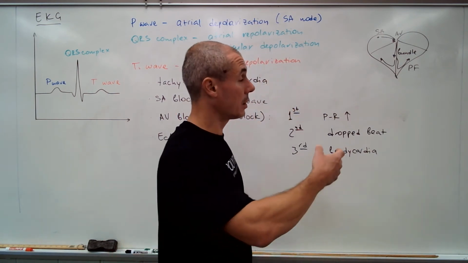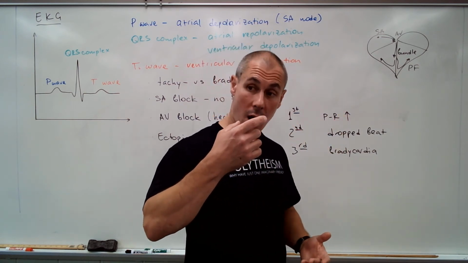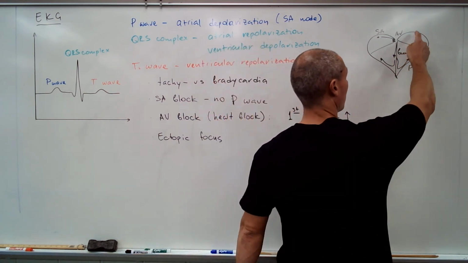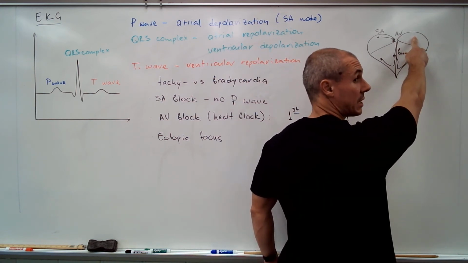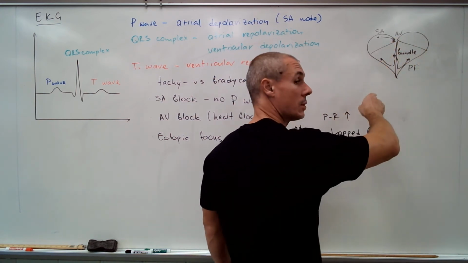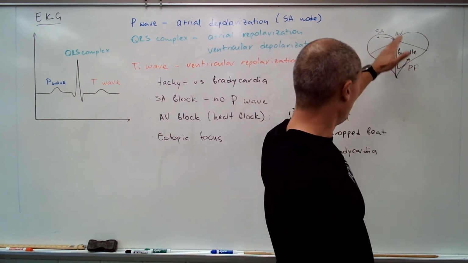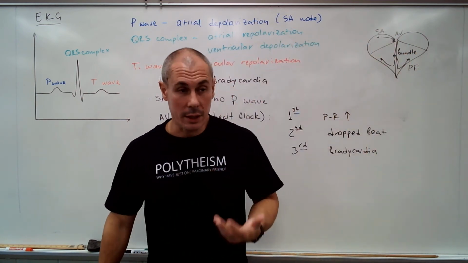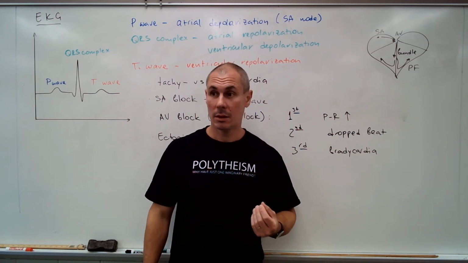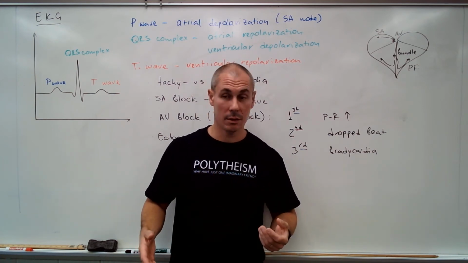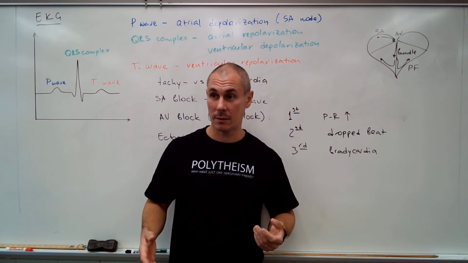Imagine that suddenly another signal is generated here. Does that make sense? That signal reaches the AV node, and it creates a beat that is out of line, so to say. Does that make sense to you?